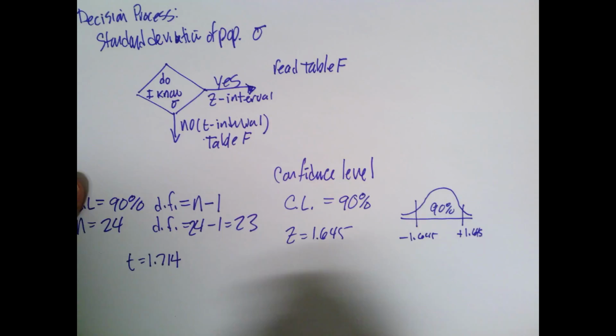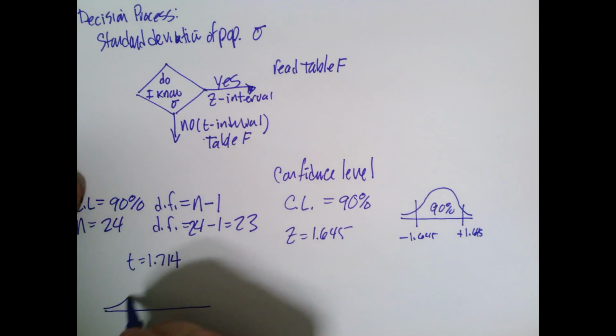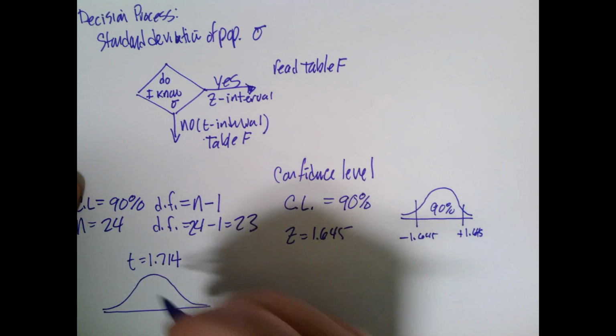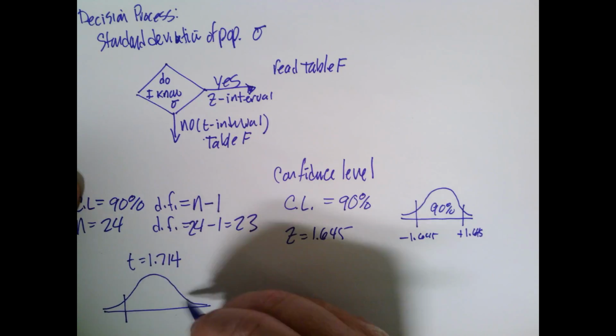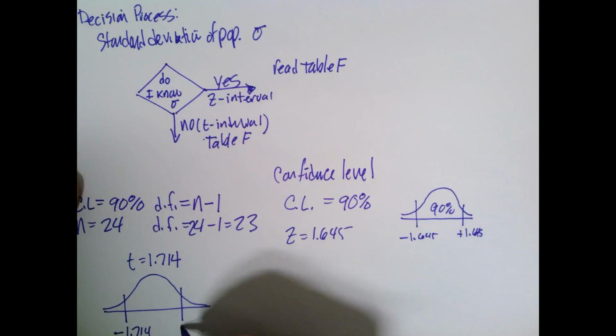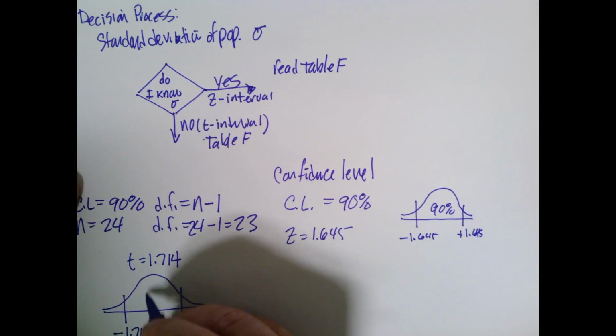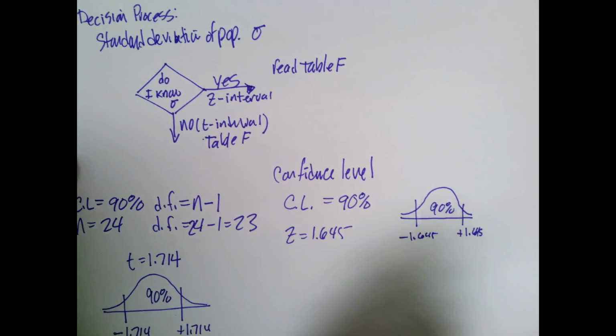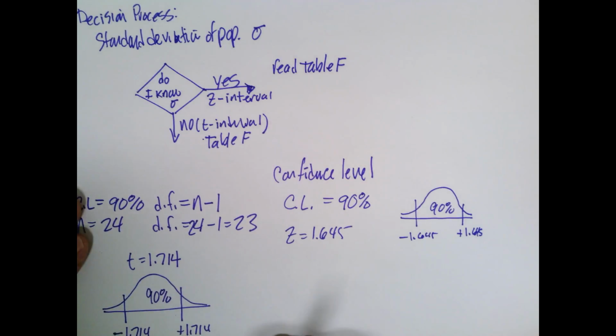Okay, and so on this t-table, which is essentially normal looking, this is minus 1.714, and this is plus 1.714, and 90% is in the middle, just like the standard normal that we get the other one from.